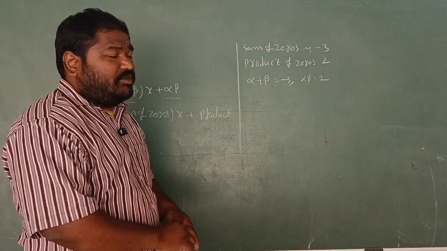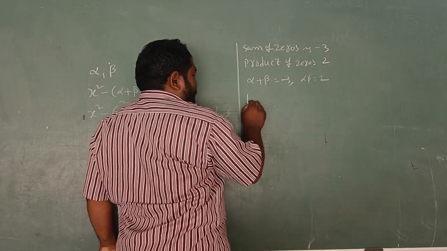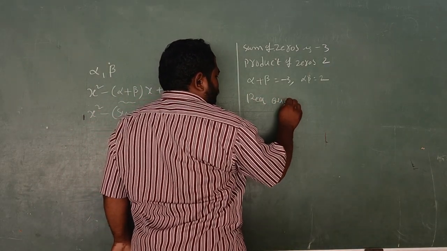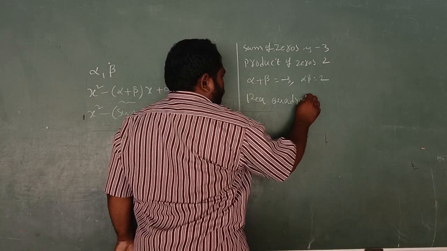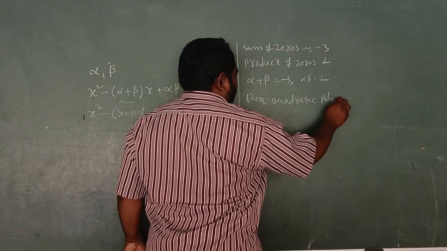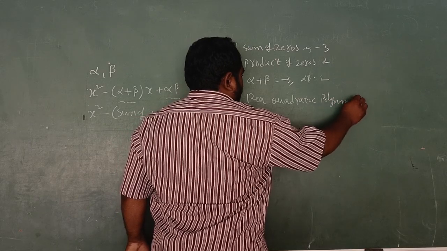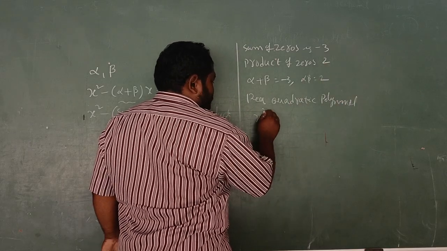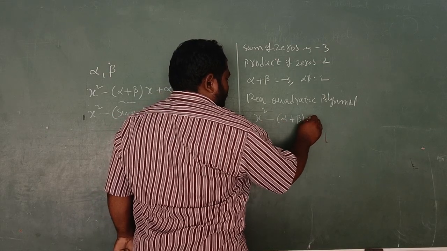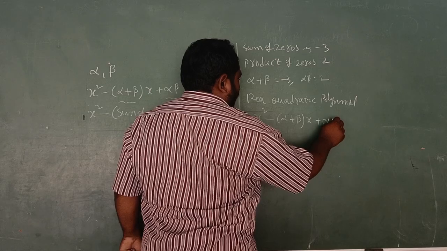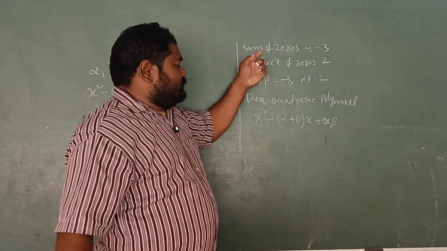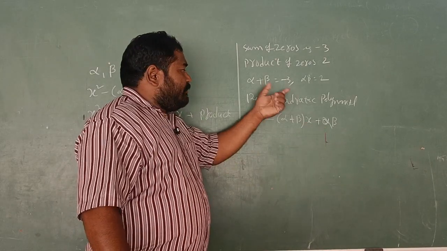We already know the formula. The required quadratic polynomial is x square minus of alpha plus beta into x plus alpha into beta. Here alpha plus beta stands for the sum of zeros, and alpha into beta stands for the product of zeros.